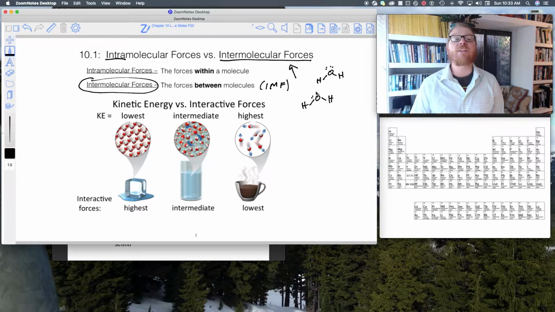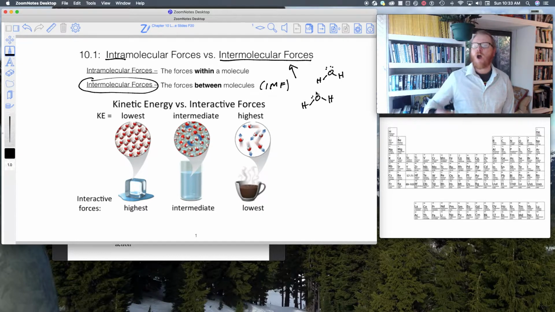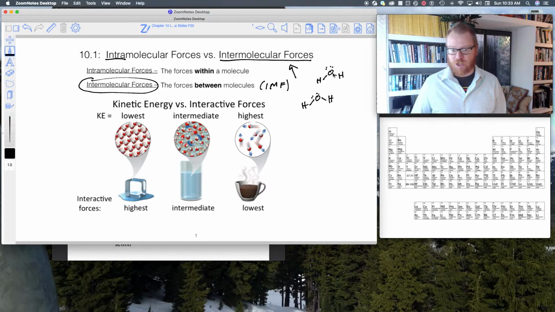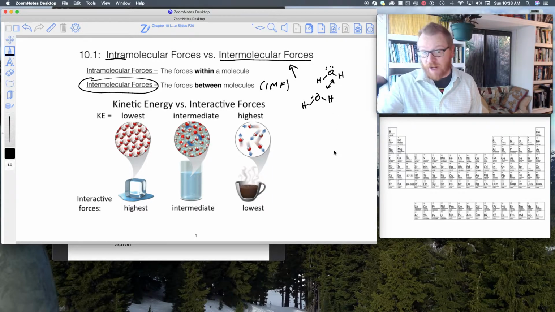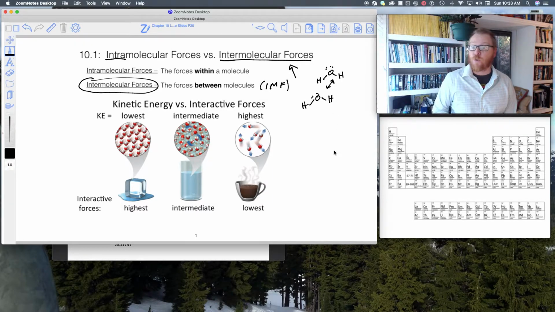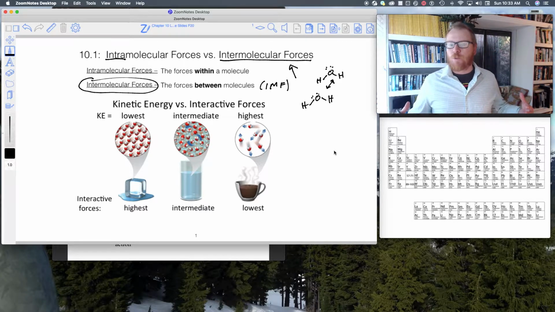The forces that keep all of these atoms bonded to each other are the intramolecular forces. The intermolecular forces are the forces exerted between 2 neighboring water molecules. They're the forces that keep those molecules together in a liquid or a solid, for example.